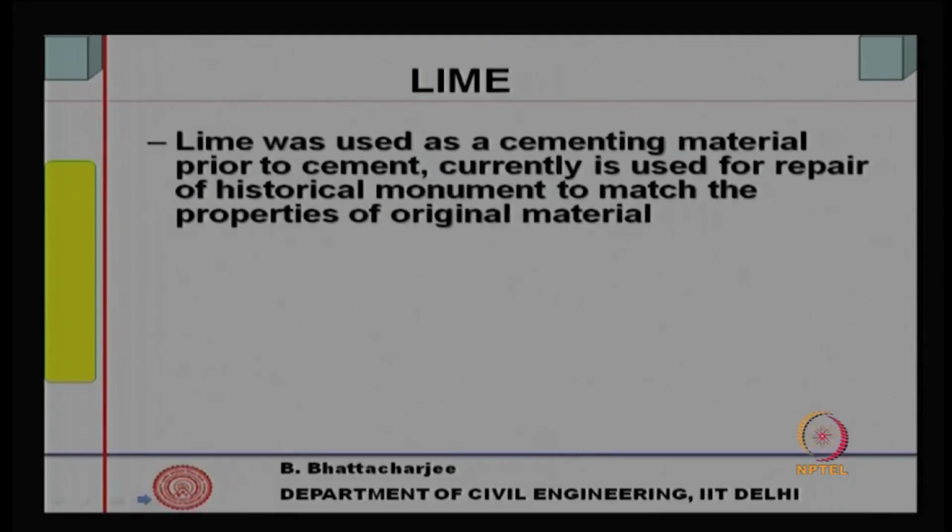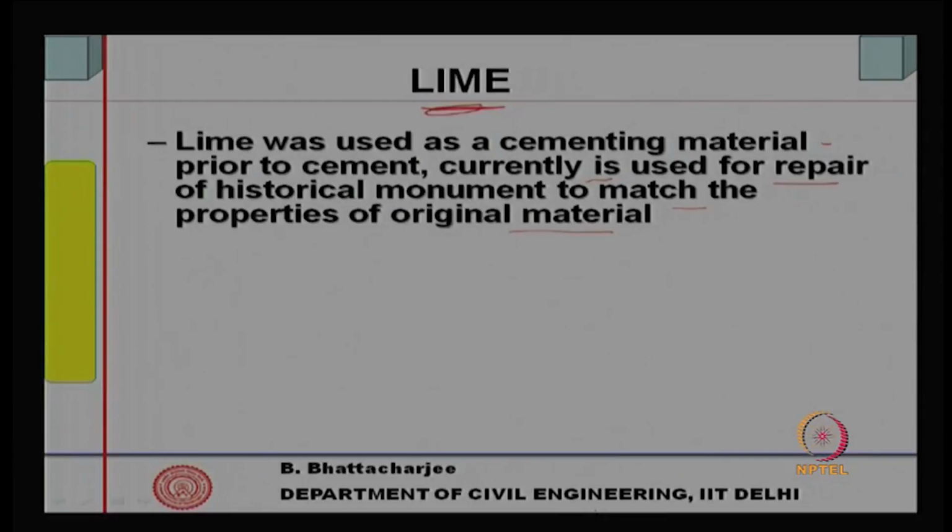Now, let us come to blended cement, but before that let us understand a little bit about this material lime. As I mentioned in the very first day's discussion, module 1, lecture 1, lime was used as a cementing material prior to cement. Currently, of course, it is used for repair of historical monuments to match the properties of the original material.